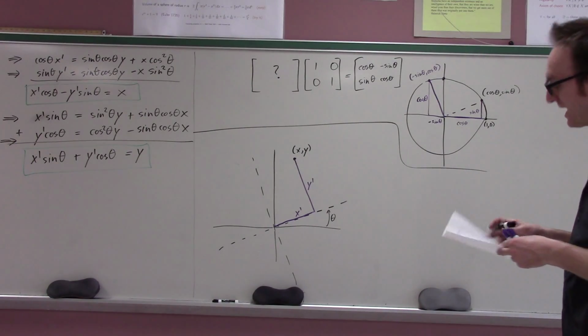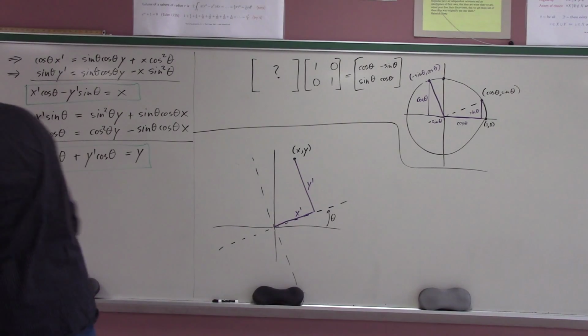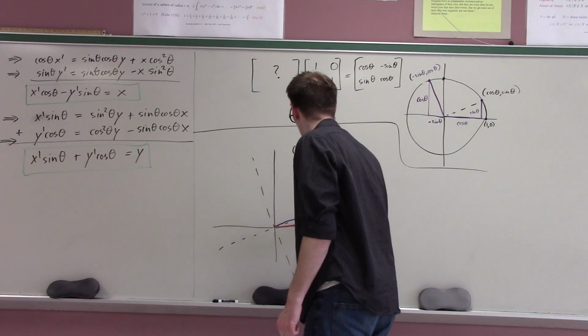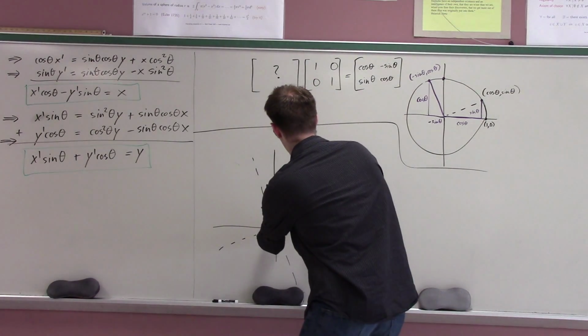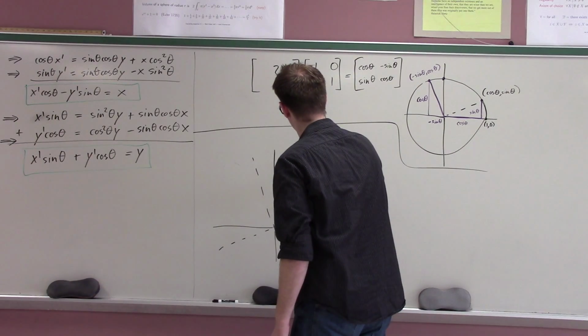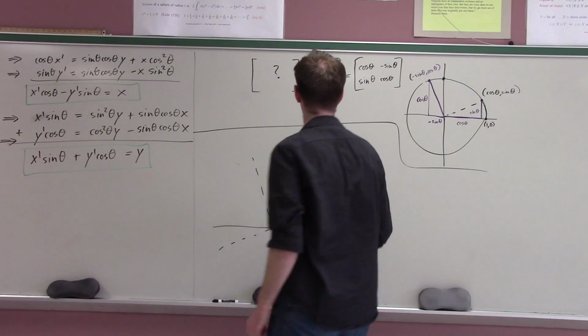Well, here is what I can do to get the x and y coordinates. I can go over x prime and up y prime. So let that be x prime and let that be y prime.